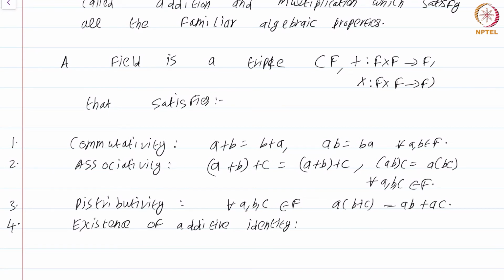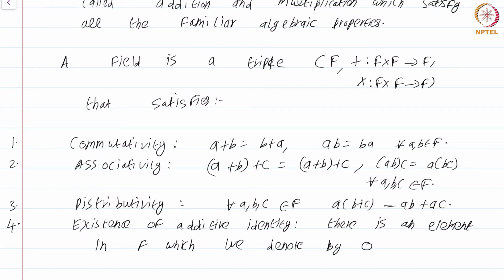There is an element in F which we denote by 0, so that you get a visual indication of what it is. Note, this is not the same as the 0 that you are familiar with from natural numbers, integers, rationals, and so on.